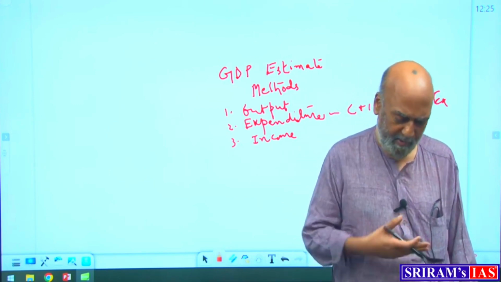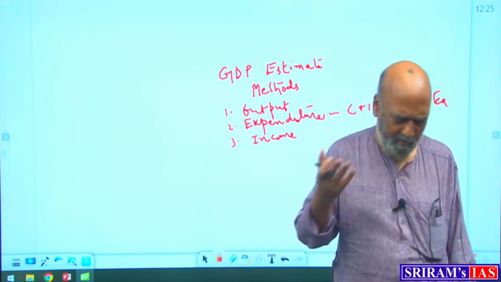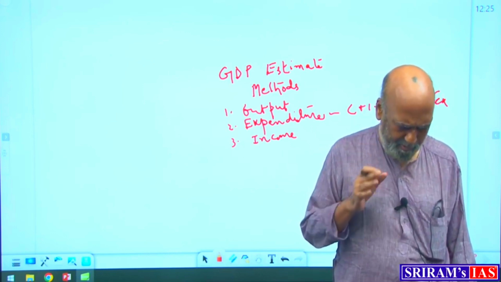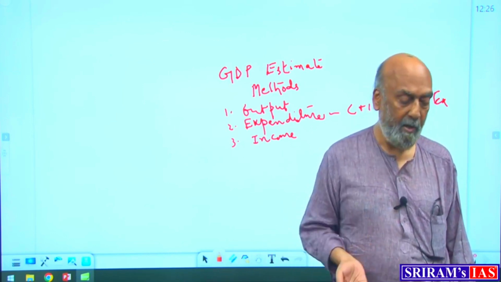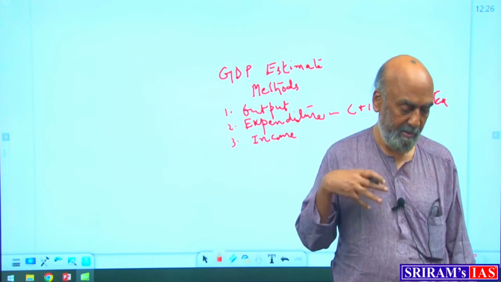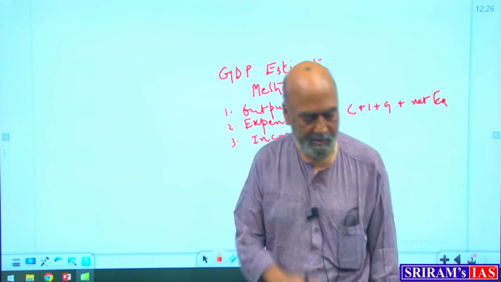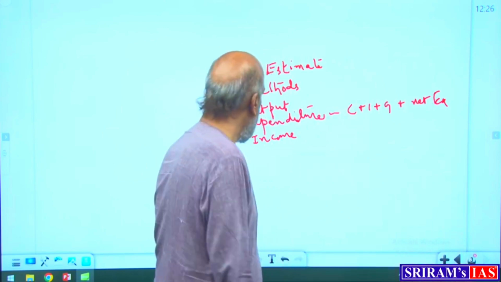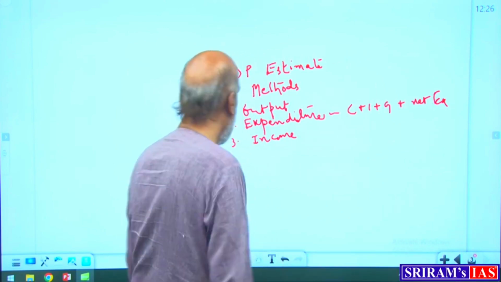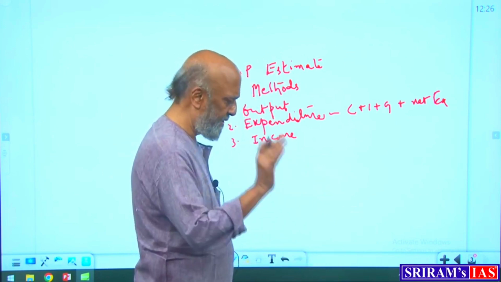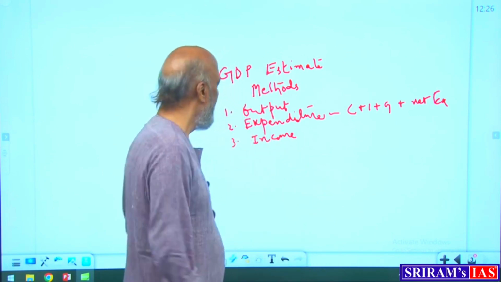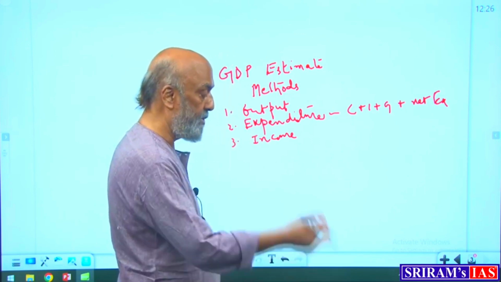Net exports, imports, X, M, whatever the alphabets. If exports are less than imports, then you've got a minus number which will reduce the CIG number. This is the expenditure part. Output and expenditure should be the same. Some discrepancies will be there. Some you produce but don't sell.